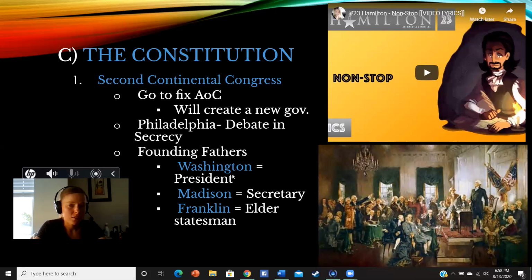And of course, once the framework is laid out and they come up with an executive branch, he's the obvious choice for being our first president under this new government, the Constitution. But keep in mind, he was kind of done. He was very reluctant to go. He's very reluctant to become president. He just wanted to be retired. He just wanted to be done with it and relax. He can't do that. We needed him.